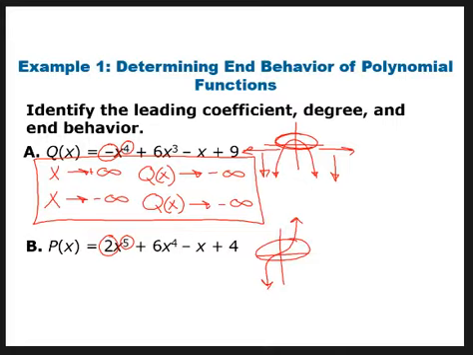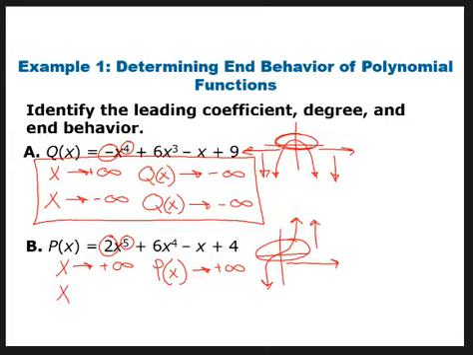But again, the ends of it, where do they go? So as x is going to approach positive infinity, what is the function itself going to approach? Well, as we move towards positive infinity, the graph is going up, so it is also approaching positive infinity.